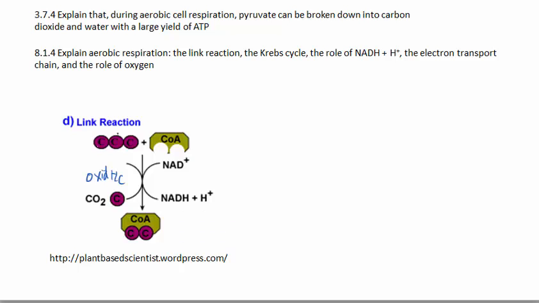You're going to remove one carbon, so you have a 2-carbon molecule, and you add this coenzyme, CoA. NAD becomes NADH. And you get this product which enters the Krebs cycle.